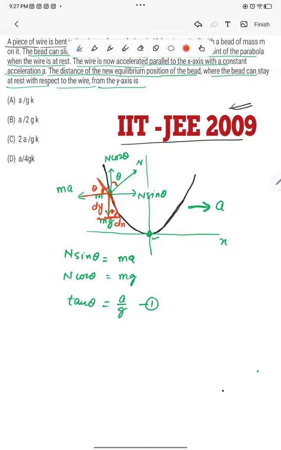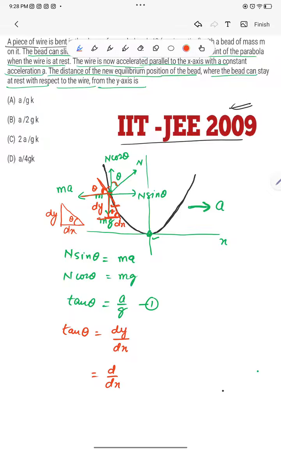As you can see in this triangle, this angle is theta, this side is dy, and this side is dx. So we can say tan theta equals dy upon dx, or dy by dx.